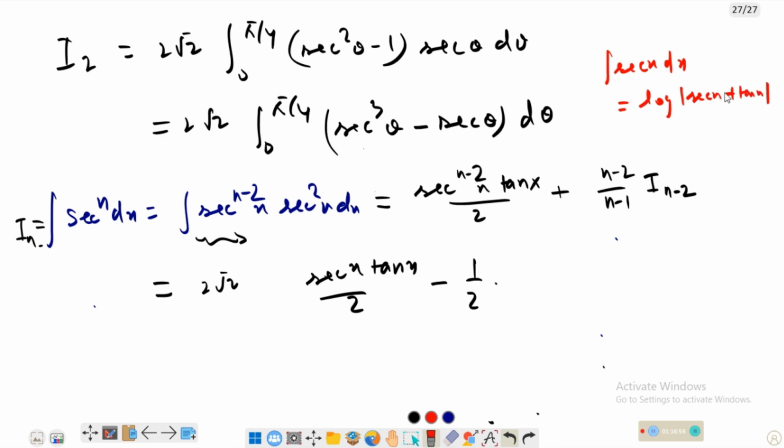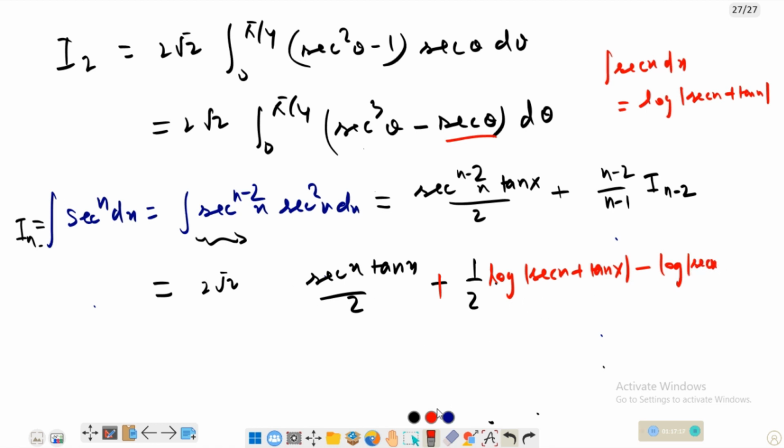So this is log of sec x plus tan x, and this integral of sec x also equals, with a plus sign, log of sec x plus tan x, with x as theta.